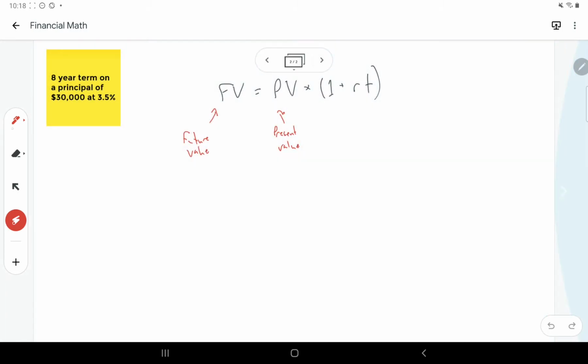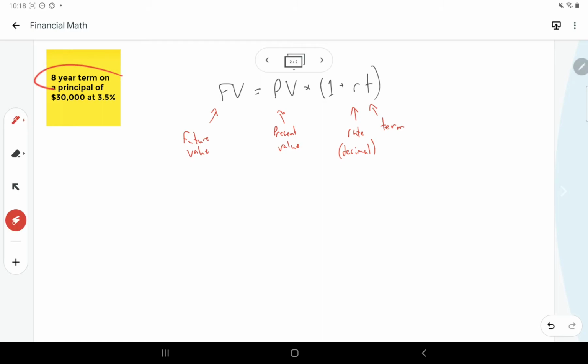Okay, 1 is 1, R is rate, as a decimal, and T is the term. Okay, so it's basically the number of times that you earn interest.